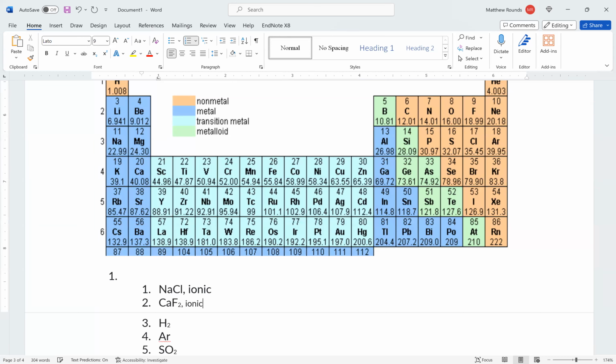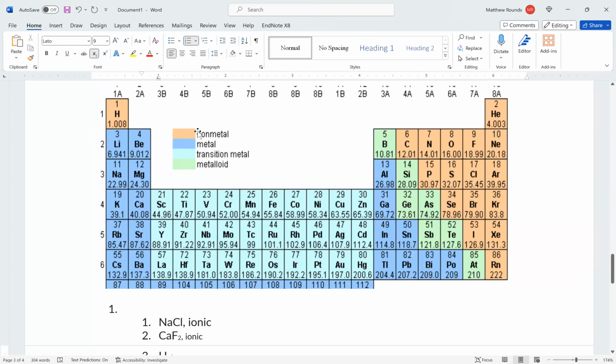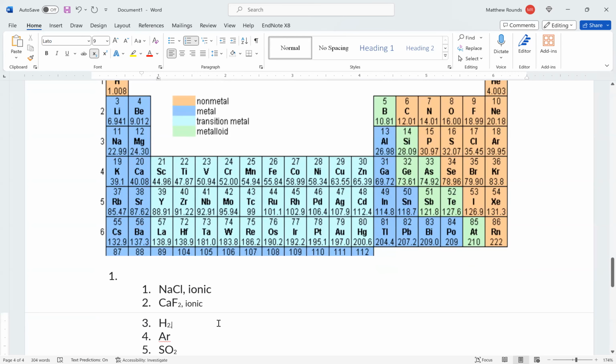Okay. Now H2 means that there are two hydrogens. So whatever hydrogen is, it's doubled up. It's a non-metal, so it's covalent. It's covalent, two nonmetals. Okay. Now, Ar is just a single atom. Let me make sure I copied that right, because I don't know why it's by itself.